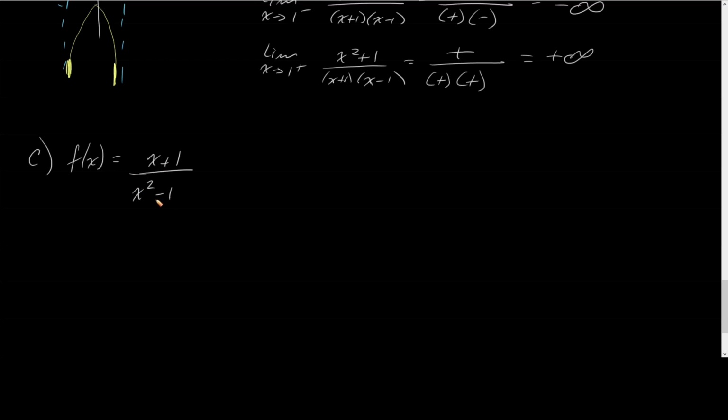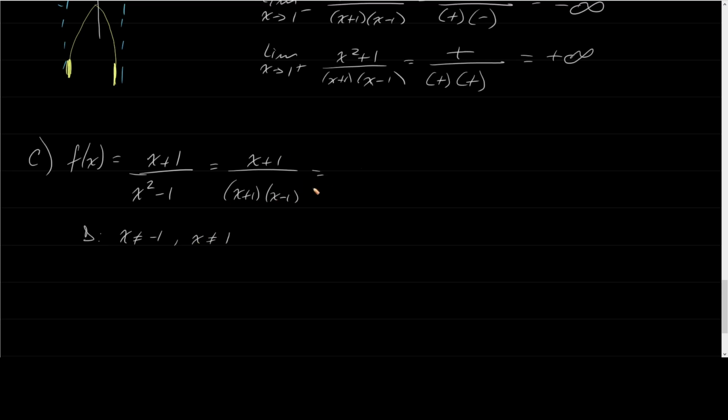All right, so here we go. The very first thing I'm going to do here is factor the denominator. So I have really x plus 1 times x minus 1. So right away, I know that my domain is x cannot be equal to -1 and x cannot be equal to positive 1.